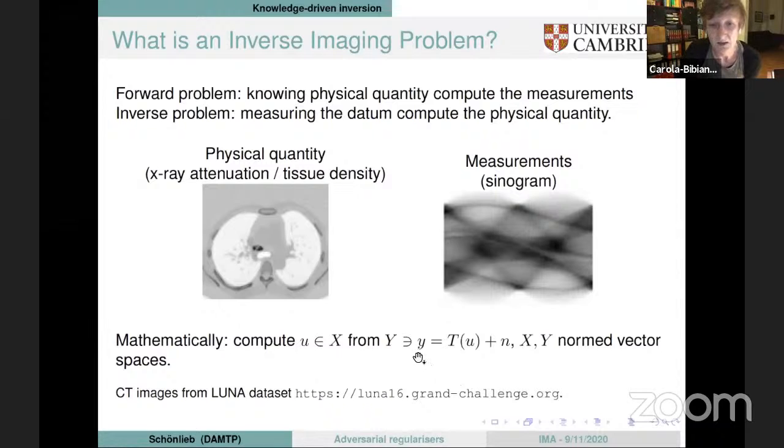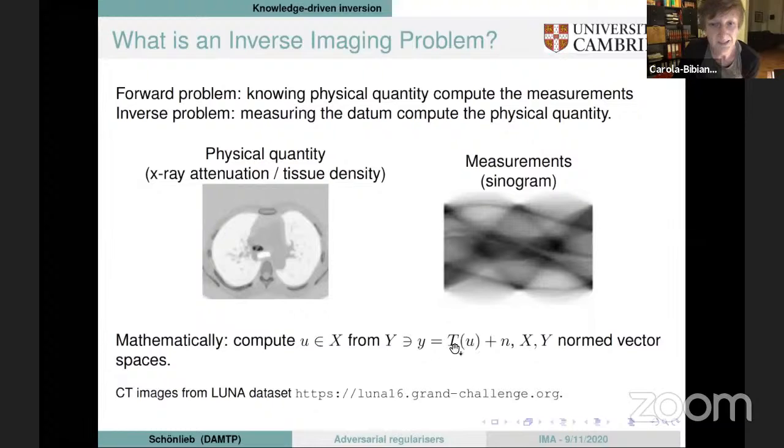And the problem in inverse problems is that, measuring y, which is a noisy version of transformed measurements of u, you want to reconstruct u. And capital T could be linear, could be non-linear. That again depends on your application.